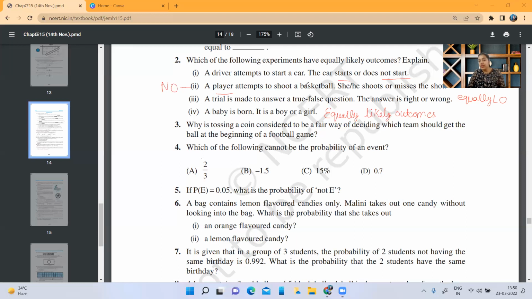Can you surely say that the car will 50% start and 50% not start, without considering any factors? You should know about your car's health. So this is not an equally likely outcome because it totally depends on your car. That's why we say no, it is not an equally likely outcome. Got my point? And you have to explain it, so just explain it.